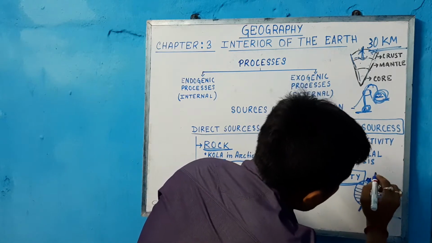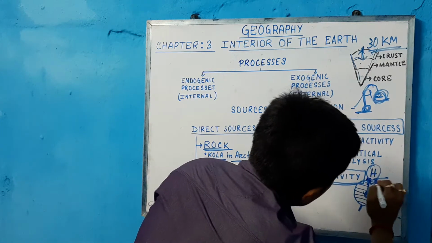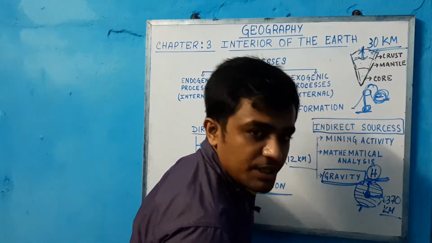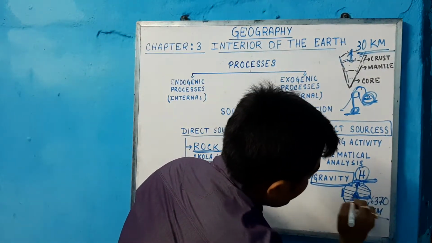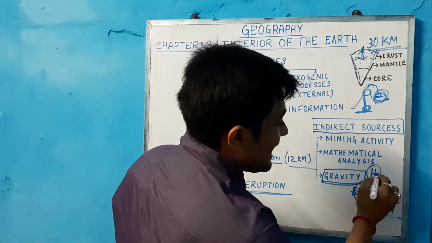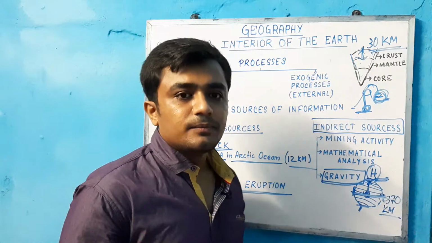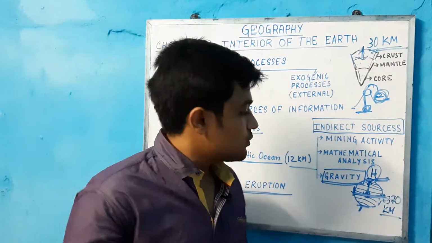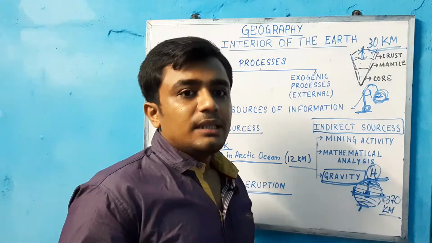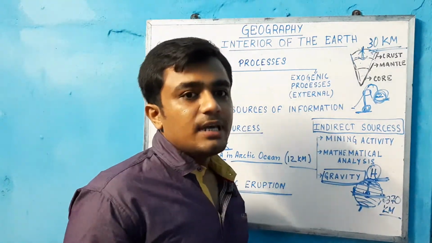For that reason we can get high gravity in the pole region, these two pole, north pole and south pole region, and the lesser gravity in the equatorial region. Due to high gravity we can get some huge natural resource in the polar region, northern pole and southern pole. This change in the gravity is known as gravity anomaly. This is very much important for short type question. Okay.